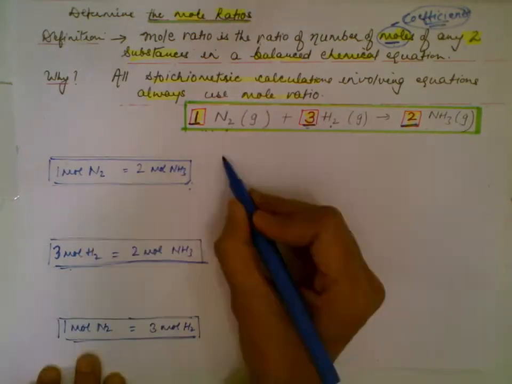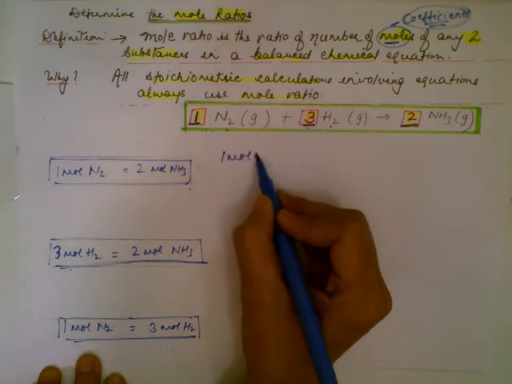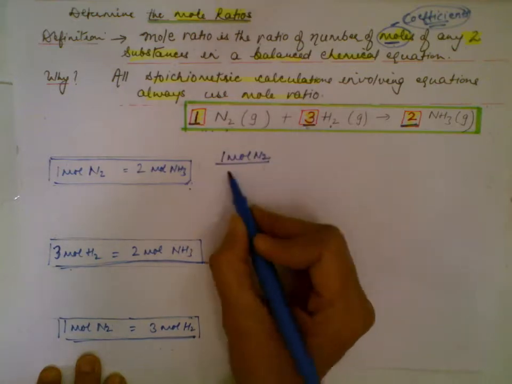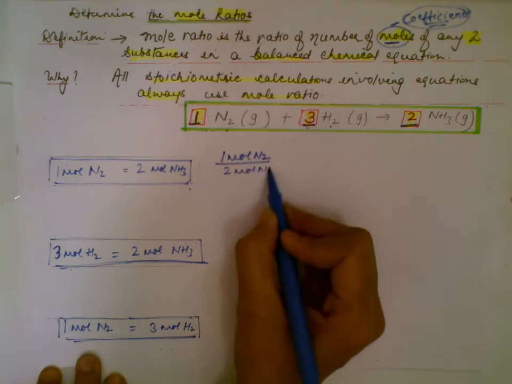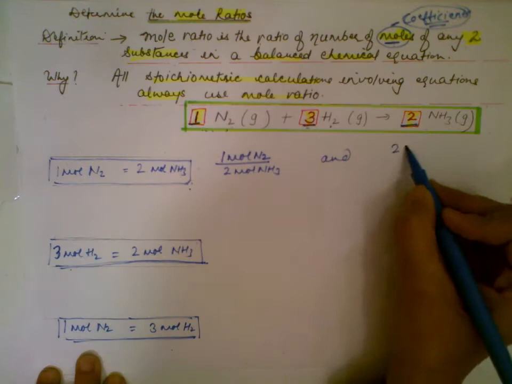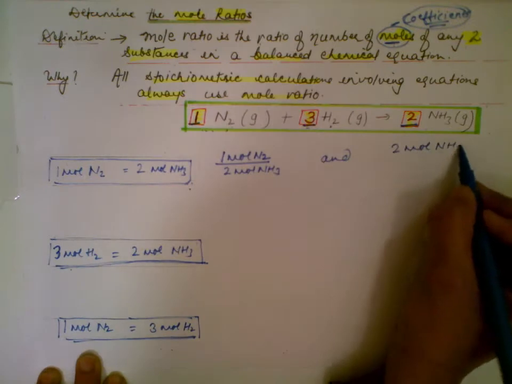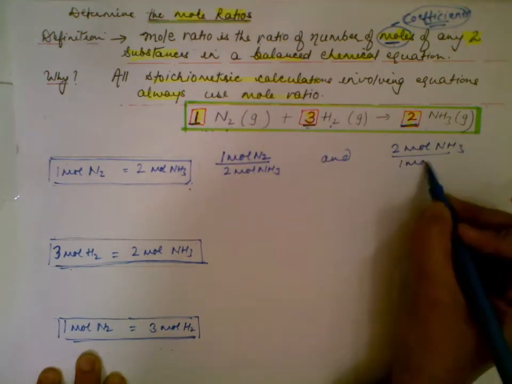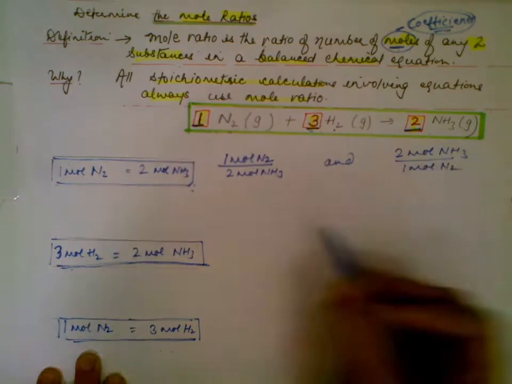So we can write here 1 mole of nitrogen consumed, 2 moles of ammonia produced. Alright, and we can make another fraction, 2 moles of ammonia produced, 1 mole of nitrogen consumed.